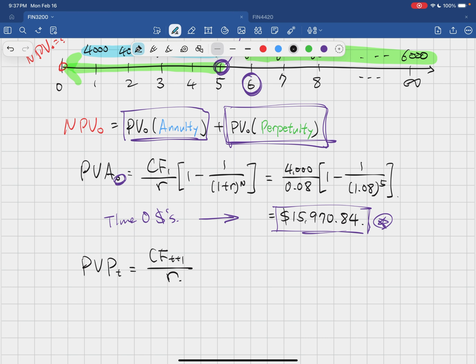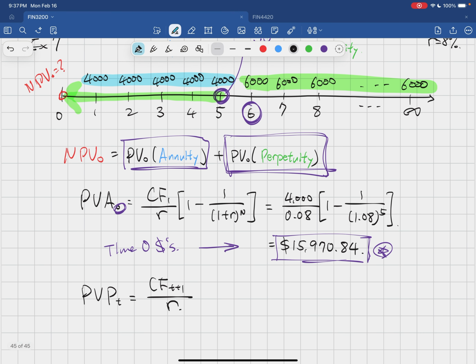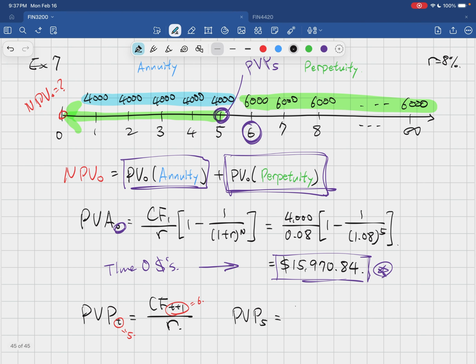The first cash flow occurs in year 6, so T plus 1 is 6, which means T is 5. So the value that you get when you use the formula is in year 5. PVP at year 5 is equal to the $6,000 over R, 0.08.